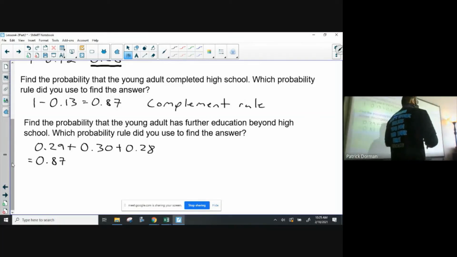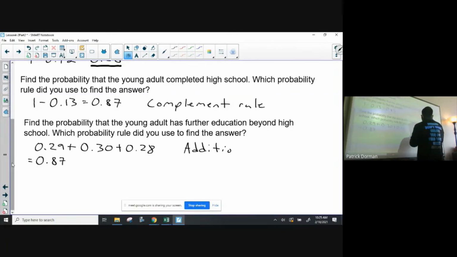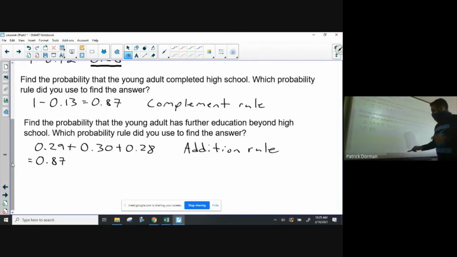What rule did we use? We used the addition rule. Alrighty then.